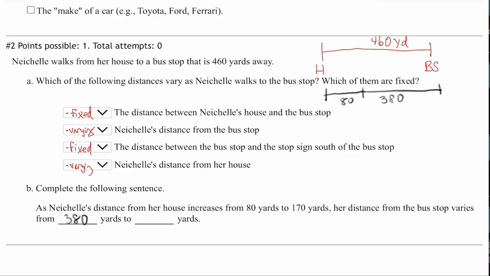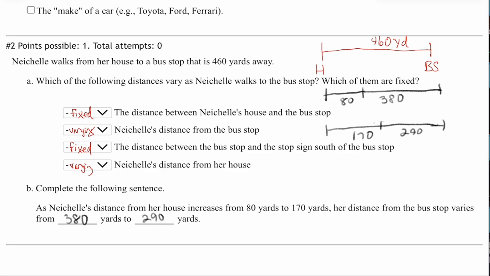And then the next one says that she is 170 yards, so let's draw that. So if she is 170, sorry, my scale is not accurate, but it's just kind of a placeholder for my information. And that means that she would be 290 yards away.